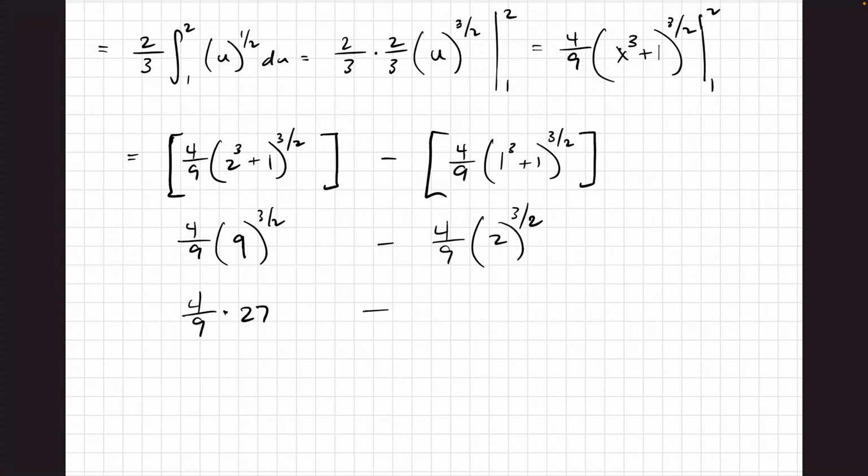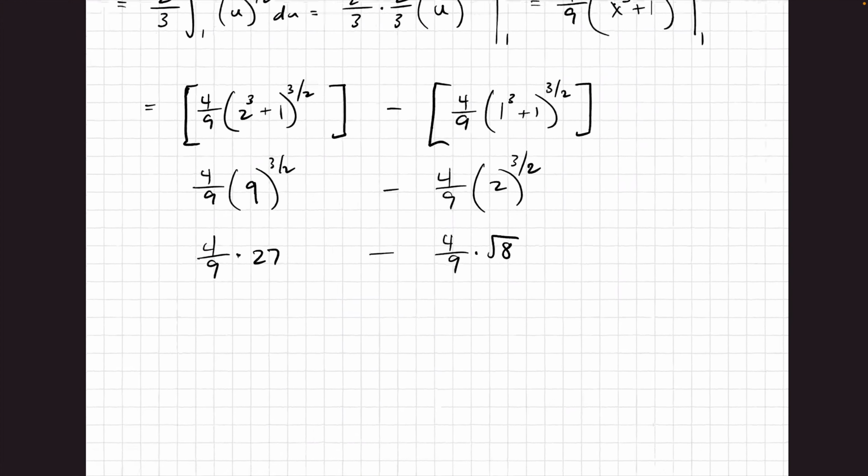The other one is the same, but I would cube 2 first and then take the square root, because the square root of 2 is 1 point something. It's not a nice number. So if I cube it, it's 8. And then if I take the square root, that's square root 8, which is still not a nice number, but I'll deal with it.